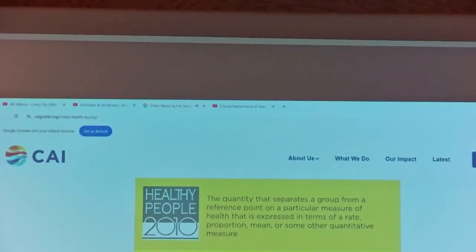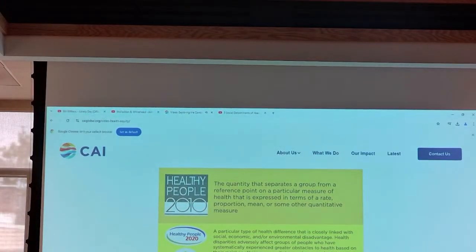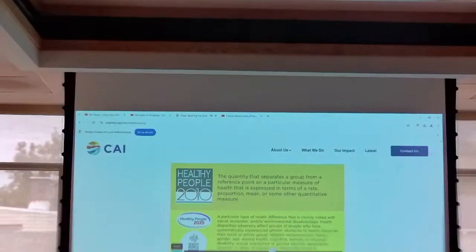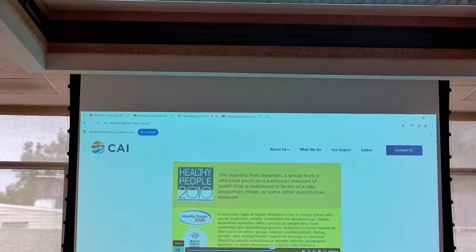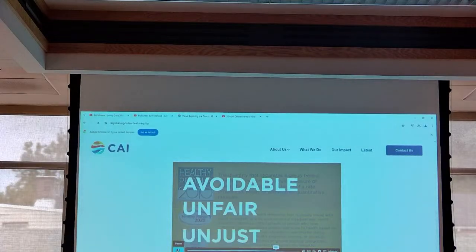The 2020 and 2030 Healthy People definition of health disparities was changed to acknowledge the systemic and structural factors that create barriers to accessing healthcare that contribute greatly to differences in health between groups, making it more consistent with the definition of health inequities. This is a great step forward in some ways. However, this new definition forgot to adopt the most crucial aspect from the definition of health inequities, and that is the aspect of being avoidable, unfair, and unjust.